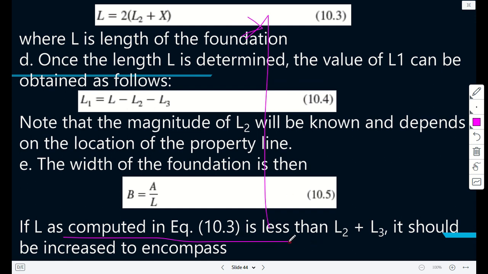And L has to be greater than L2 plus L3.